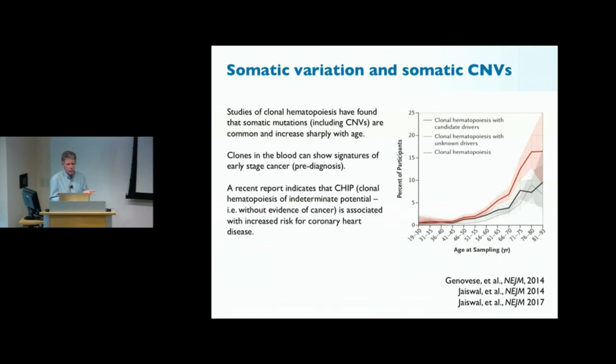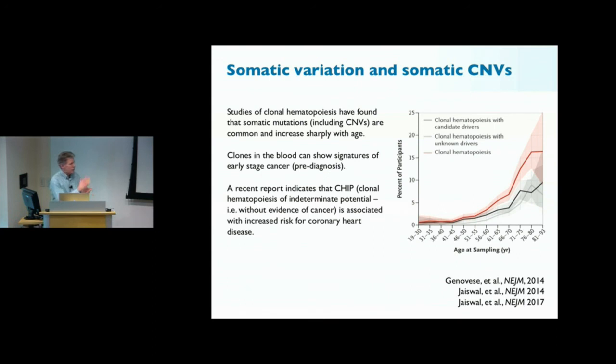In your bone marrow cells and your hematopoietic stem cells. And work from groups in and around Broad here, the Ebert lab and Giulio Genovese, showed that these clones appear in the blood of many people, not everybody in the population, but many people, and they're strongly correlated with age.